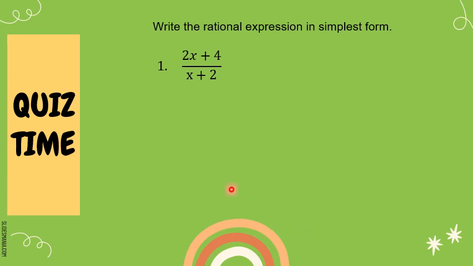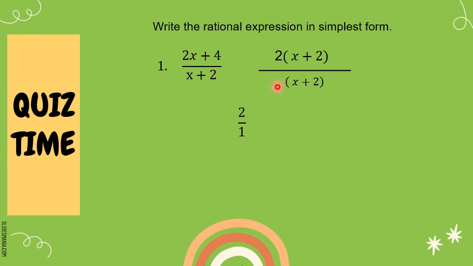Alright, so let's see. We have to factor the 2x plus 4 first. This one cannot be factored because it is already in simplest form. So let's write 2 quantity x plus 2, that's the factor from this one, over x plus 2. And then let's do step 2: 2 over 1. Why is there a 1 here?